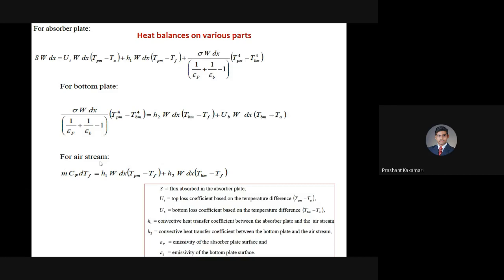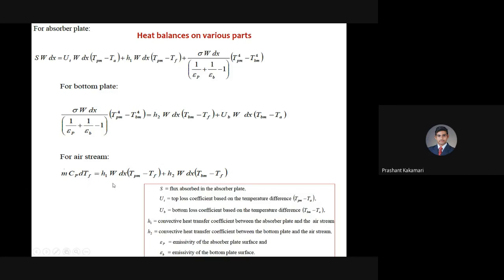That cp value you have to consider for air here in this subject. In the flat plate collector we have to consider water, because water is heated there. So the heat received by the air is m dot cp dTf, at the fluid temperature.